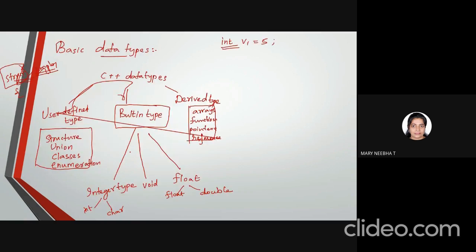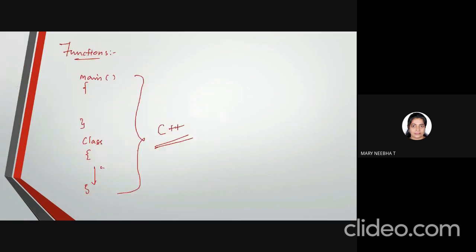And what is the derived one? Pointers and reference. Pointers will be denoted like this: character star const ptr, which is equal to, so it is a character, so you can just write it like this. This is a const pointer. That means a pointer is declared and initialized, and we can point to the pointer also.